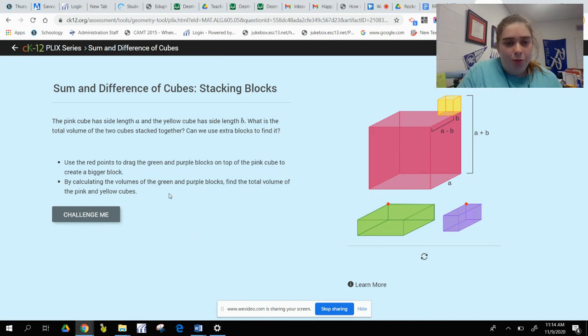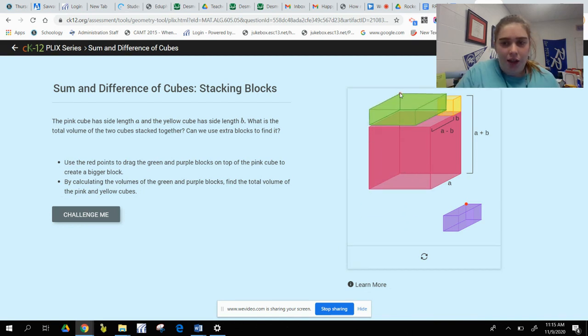So right here it instructs us to drag the green and purple blocks on top of the pink cube to create a bigger block. So it should be like this. And then drag this one. Make it all match up a little bit.